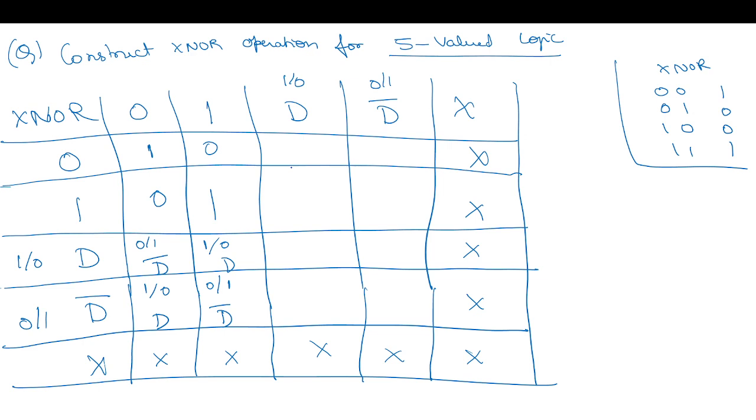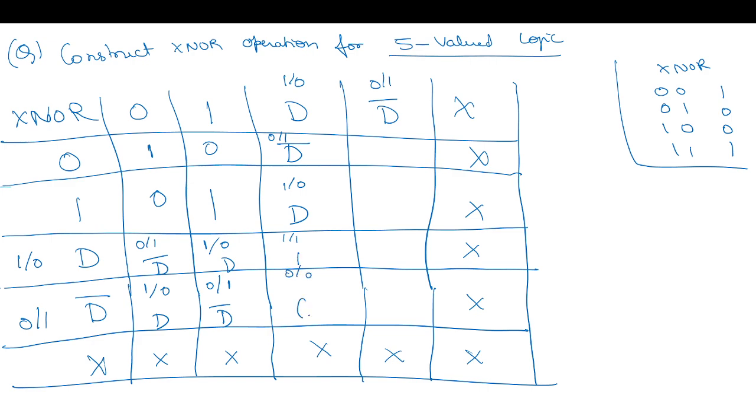Again, so it's D bar D. This will be D bar because it will be 0 by 1, and this will be 1 by 0, which is D, and this will be 1 by 1.